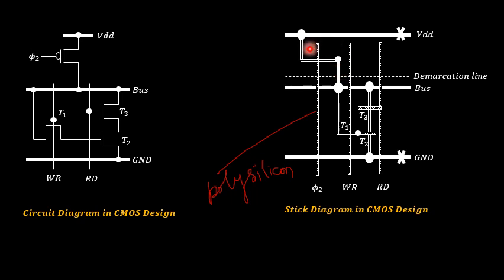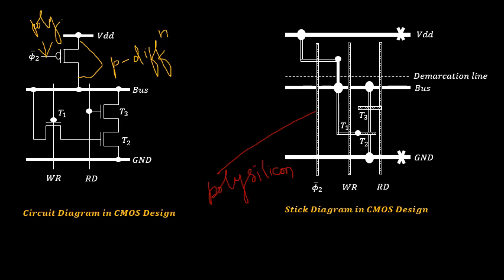Now if you concentrate on the pull-up part, polysilicon has been crossed with the P type of diffusion. So this is the diffusion layer. I am representing these two with the help of P diffusion, and this is represented in terms of the polysilicon layer.